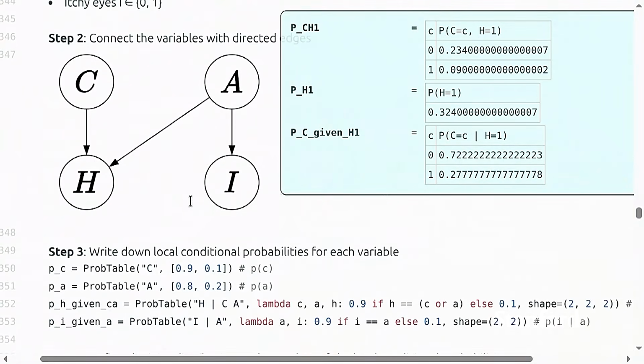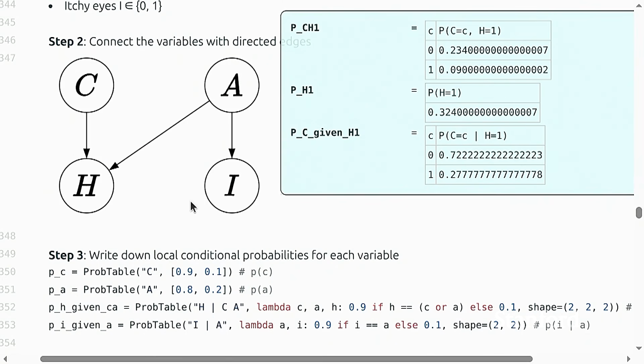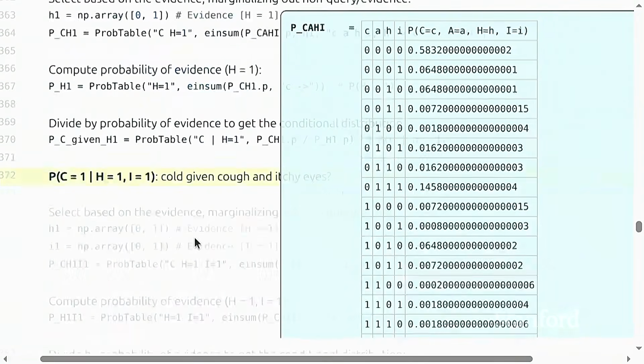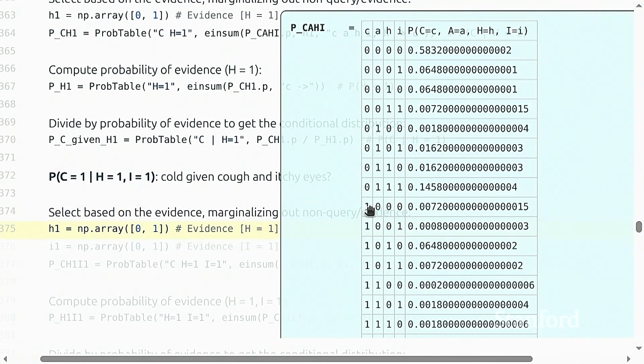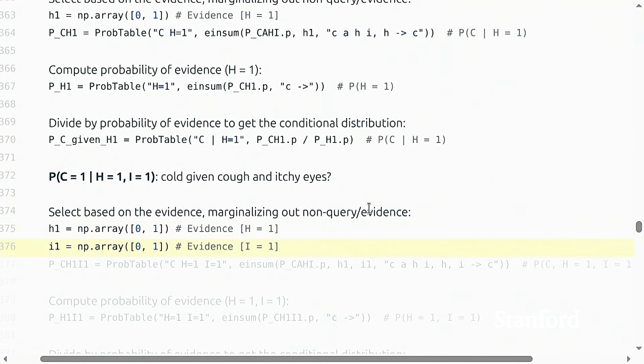Okay, so let's look here. This is a little bit tricky. I think a lot of tentative hands there, which is to be expected. That's why we have math, and we can just do it. So here is, I'll go through this quickly. You select based on the evidence.